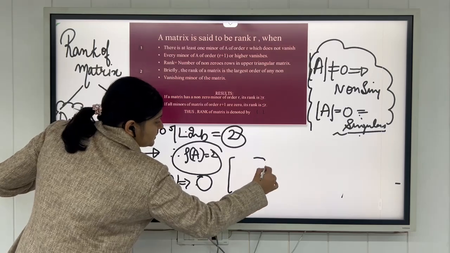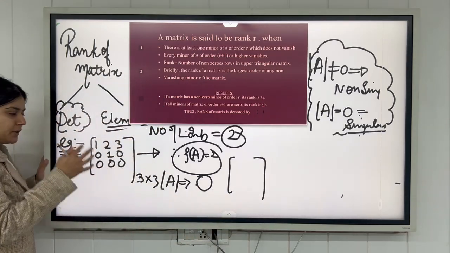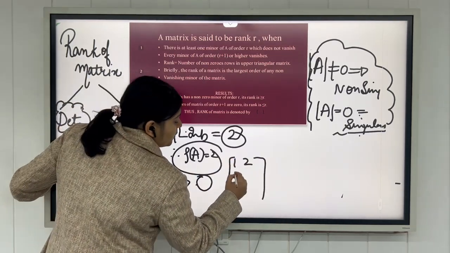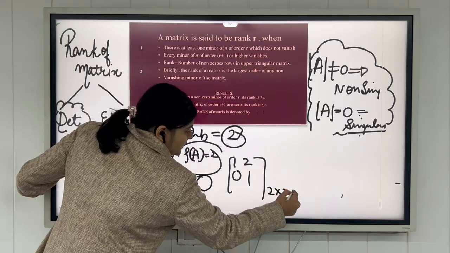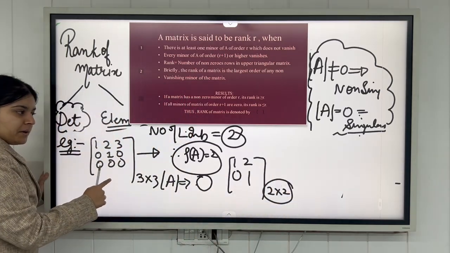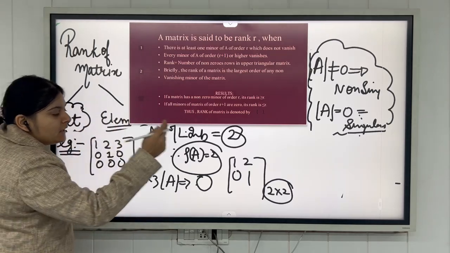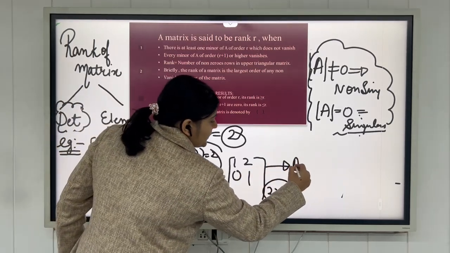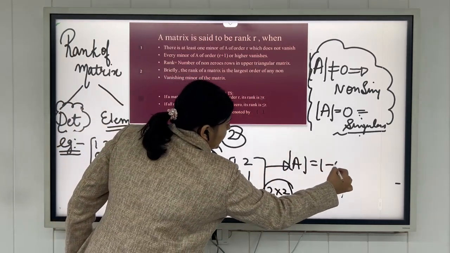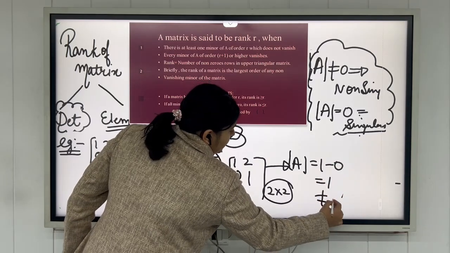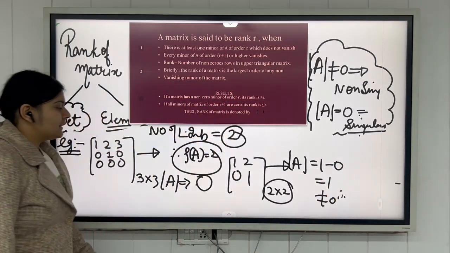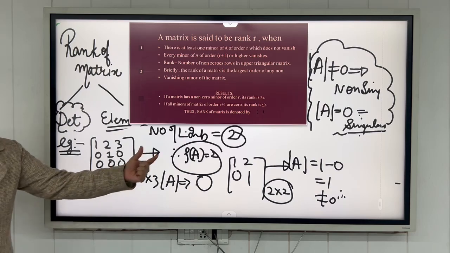Any sub-matrix could be chosen. If I choose 1 2 0 1, this is the sub-matrix of this particular matrix with 1 2 0 1 as its elements. If I find the determinant of this, it gives a non-zero value. Hence, you can say the rank would be 2 here.